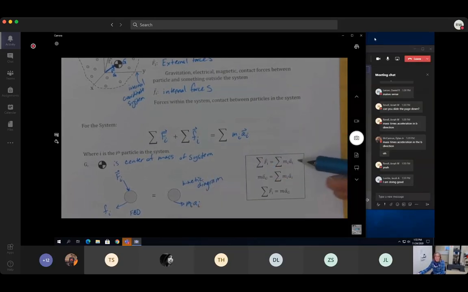Okay, and like we talked about on a previous page, we sum up all of the external forces on the system, we get the net motion of the system. The mass times acceleration of the center of gravity of the system is equal to the sum of all of the masses and their accelerations within the system. And so essentially, if we sum up all of the external forces on the system, we should be able to calculate how the center of gravity of the system is accelerating.